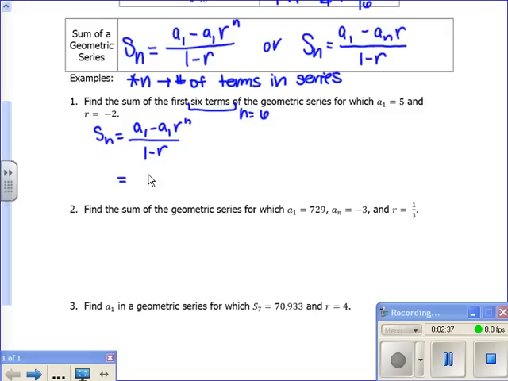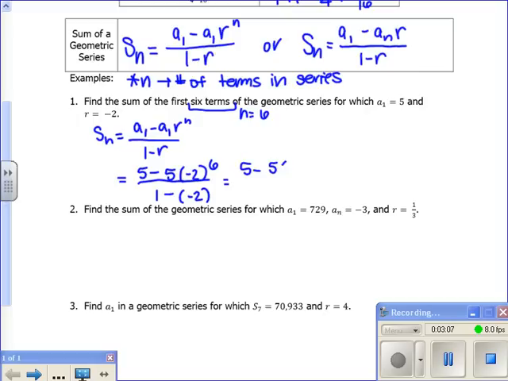So now, let's plug in our information. We know our a sub 1 is 5, minus our a sub 1, 5 again, times my r, which is a negative 2. Notice I'm putting it in parentheses, especially when it's a negative, raised to the n power. Because we're finding the first 6 terms, we raise it to the 6th, all over 1 minus my r, which is again a negative 2, and I'm going to keep that in parentheses. Simplifying this, order of operations, I take care of my exponent first.